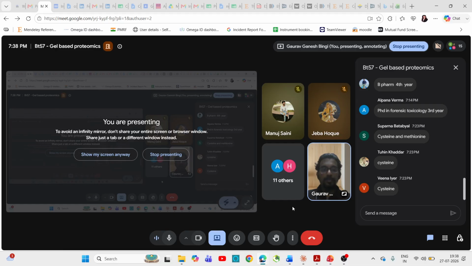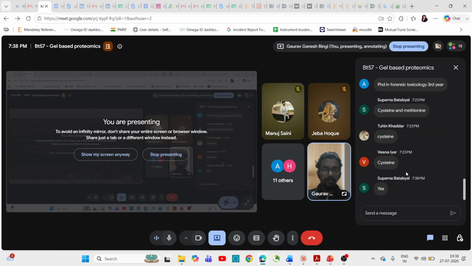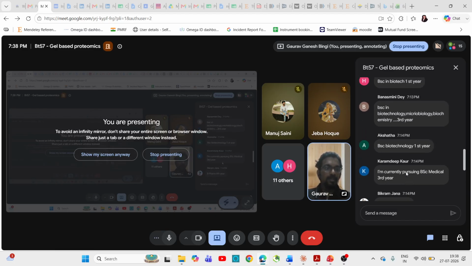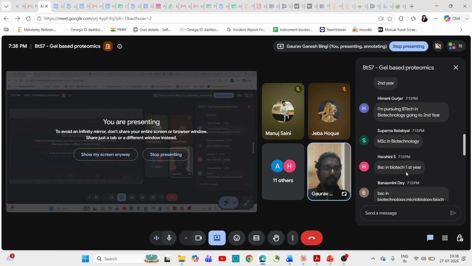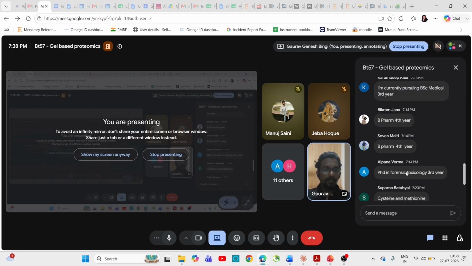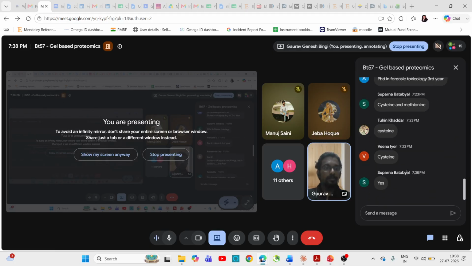How a protein is coded. Yes, no? I'm asking those BSc first year students. The ones in third, fourth year might be knowing, of course, or in MSc. But I'm specifically asking BSc first year students who might or might not know it exactly.